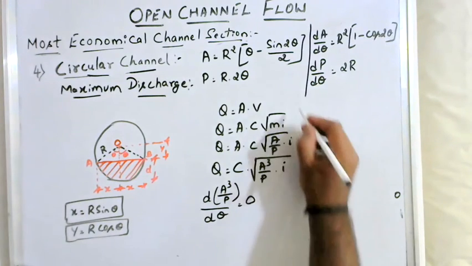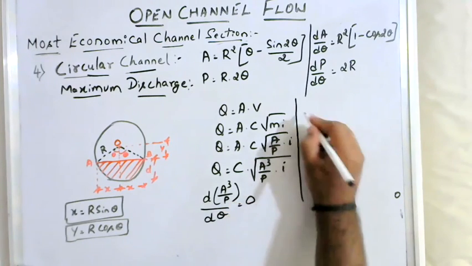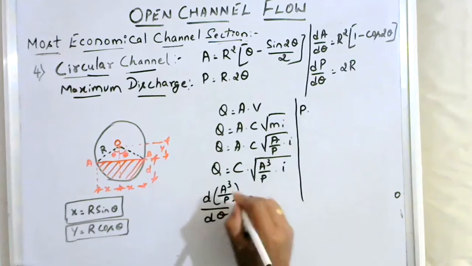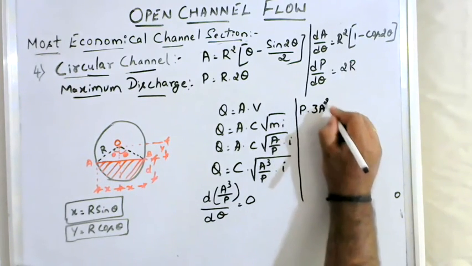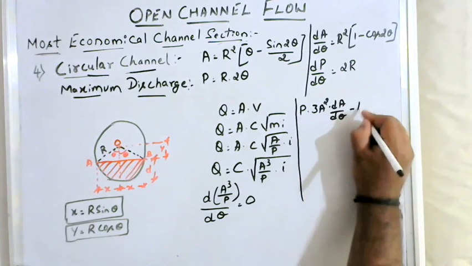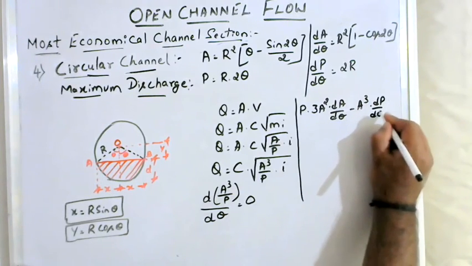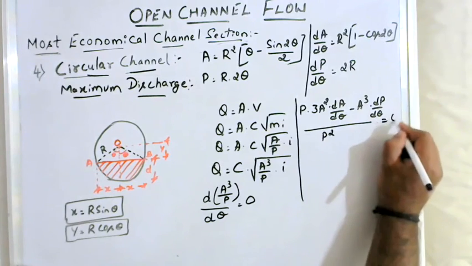If I differentiate this, I get P into the differentiation of A cube, which is 3A square into dA by d theta, minus A cube into dP by d theta, whole divided by P square, is equal to 0.